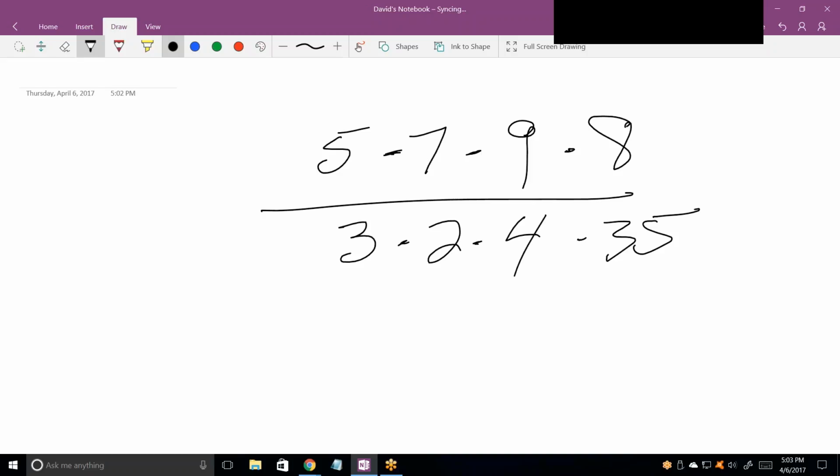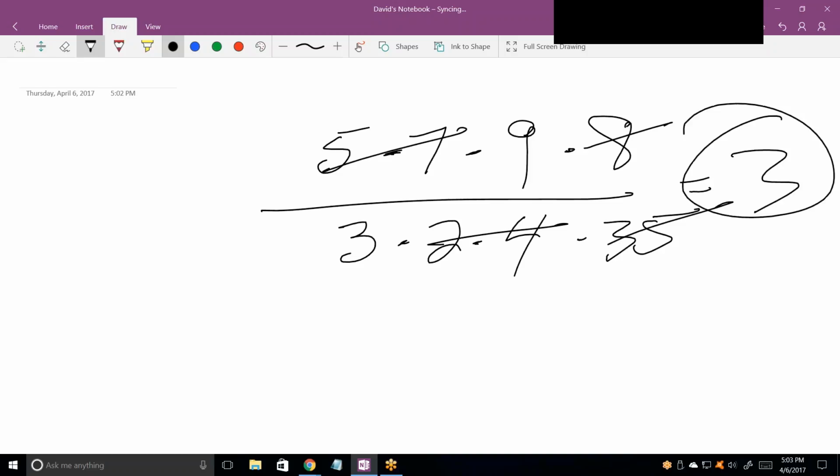I'm doing it this way. That's 35, that's 35. That's 8, that's 8. 9 divided by 3 is 3. That's your answer. Never dealt with a number bigger than 35. So do your math that way.